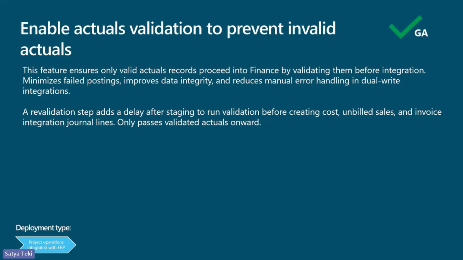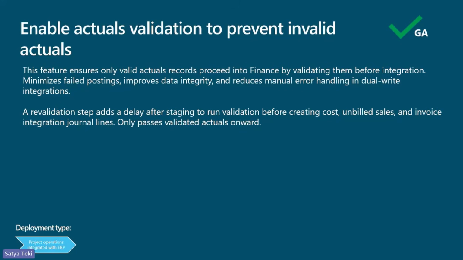This is an optional feature that enables more validations for actuals records that are integrated from Microsoft Dataverse into finance and operations infrastructure. It pre-validates the actuals before it allows the records to be created during the import from staging process.